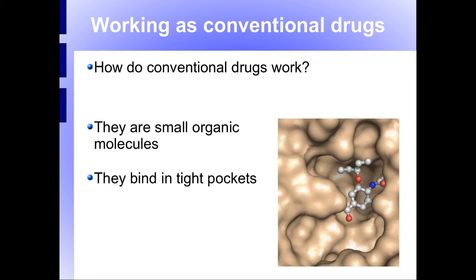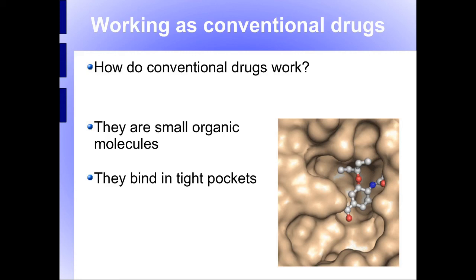It has to bind into a small pocket because the drug itself is small and therefore can only make a limited number of interactions. Therefore, in order to optimize both the affinity and the specificity, you need to make as many interactions as possible, and you achieve that by binding into a small pocket.